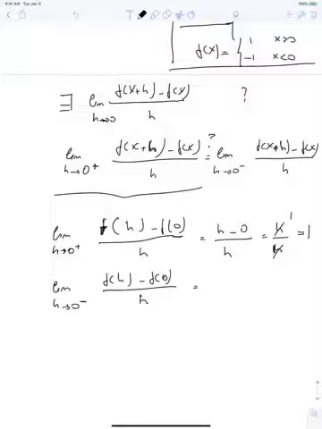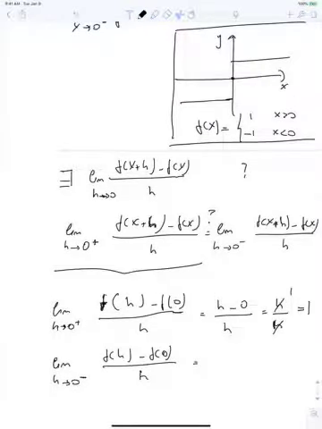Now, here we get that we are approaching 0 from the left, so h is negative, so we get minus h minus 0 divided by h. So this is minus h divided by h, which is minus 1.